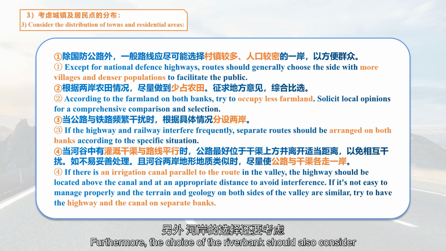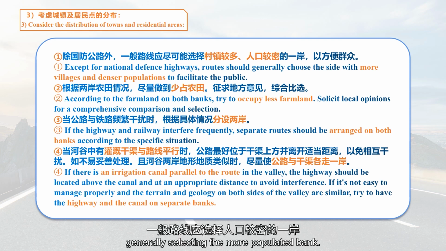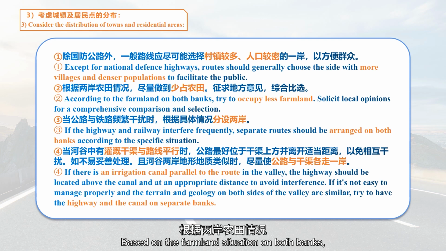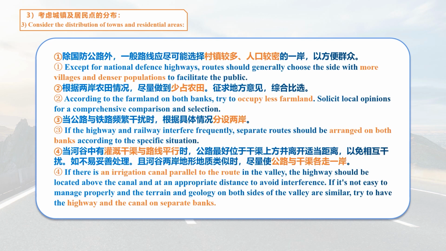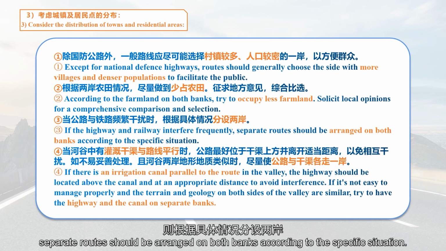Furthermore, the choice of the riverbank should also consider the distribution of towns and residential areas, generally selecting the more populated bank. Based on the farmland situation on both banks, try to occupy less farmland. If the highway and railway interfere frequently, separate roads should be arranged on both banks according to the specific situation.